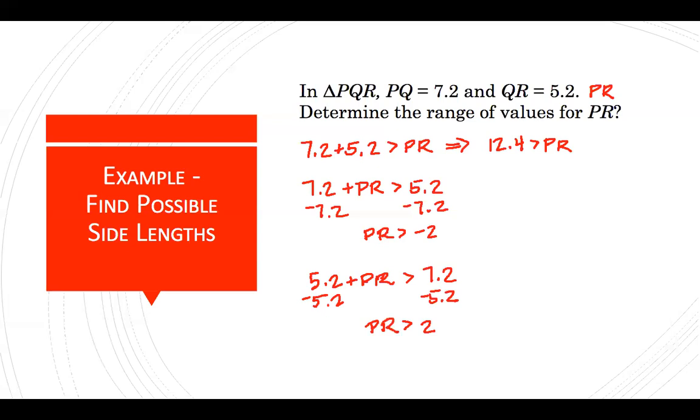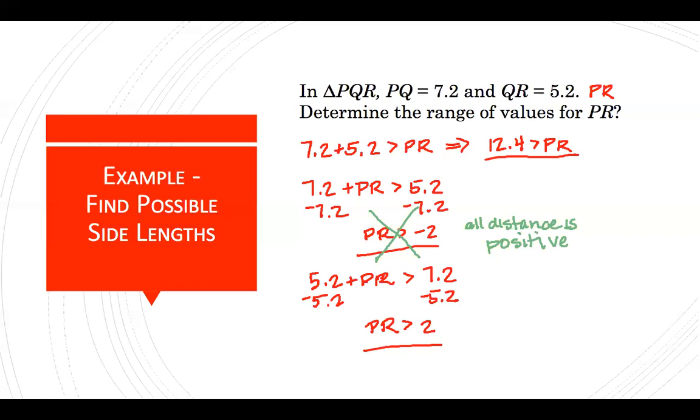So here are my 3 statements about PR, right? Okay. So automatically, I can put an X through this one because all distance has to be positive. So that one doesn't really count because it's a negative number, all right?